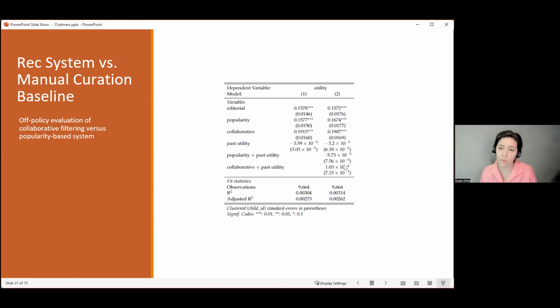But when we have a richer model, that gap closes a little bit. So the results are similar across a couple of different ways of adjusting for unobserved heterogeneity or unobserved confounders. So it looks like there's a benefit to the AI algorithm over just pure popularity, but it's not a really big difference. So that's something we might want to test again in the future.